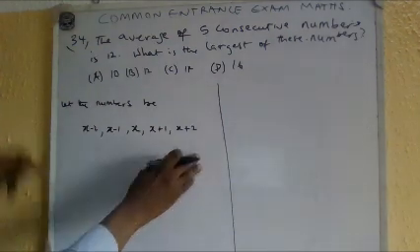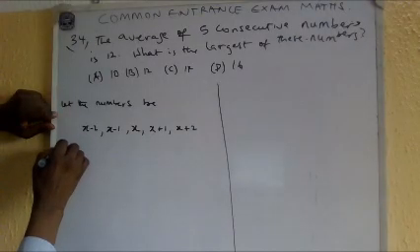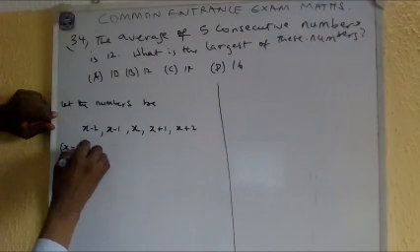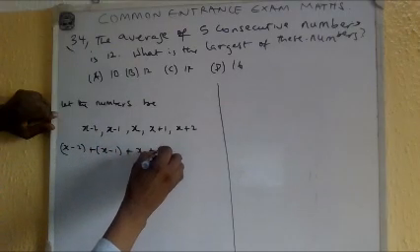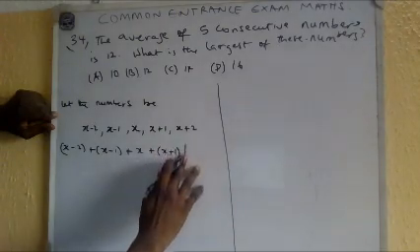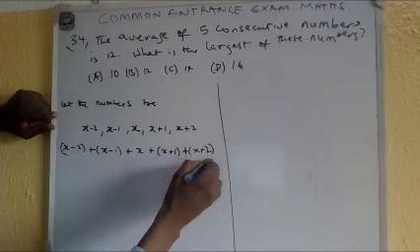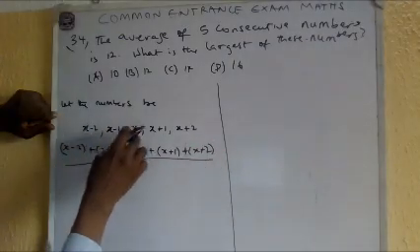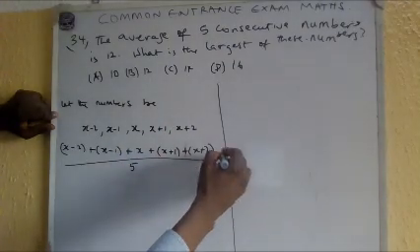So average is you add x minus 2 plus x minus 1 plus x plus 1 plus x plus 2, all over how many of them? 1, 2, 3, 4, and 5. All over 5 is equal to 12.